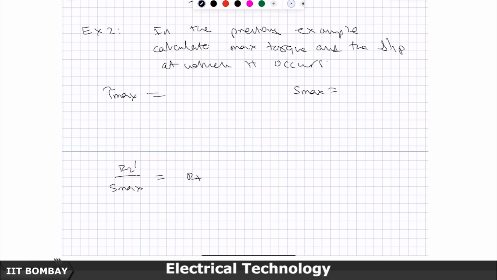So, in the Thevenin's equivalent case, it is going to be the magnitude of R Thevenin plus j times x Thevenin plus x 2 dash, which is the same as the square root of R Thevenin square.